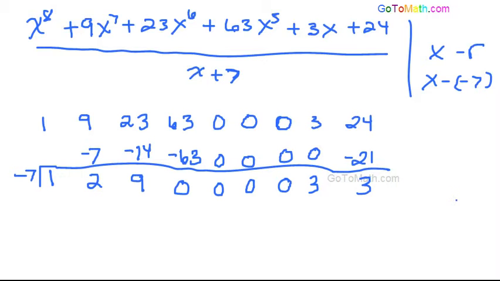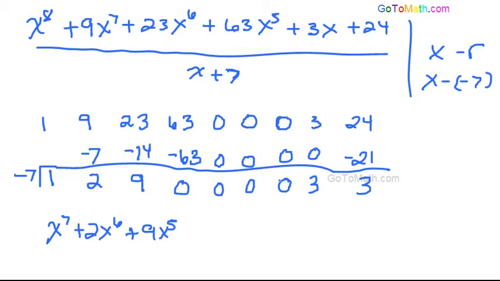Okay, so this is what we got going on here. Our highest power started at 8, so this is going to end up being an x to the 7th plus 2x to the 6th plus 9x to the 5th.